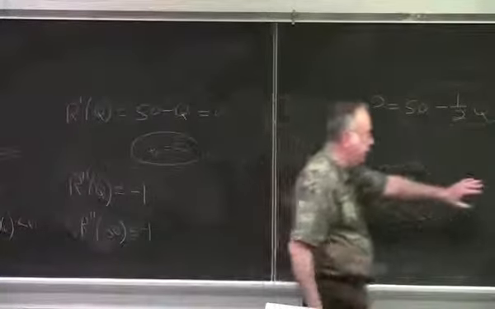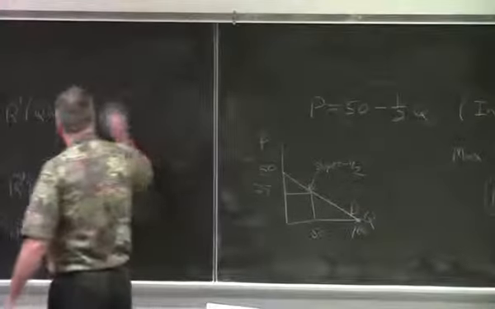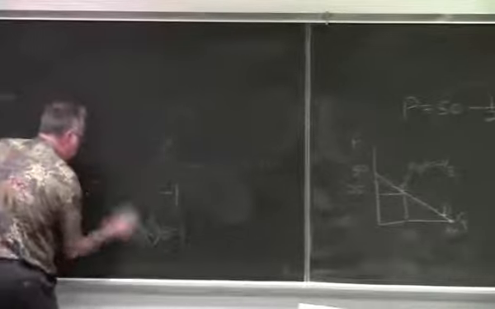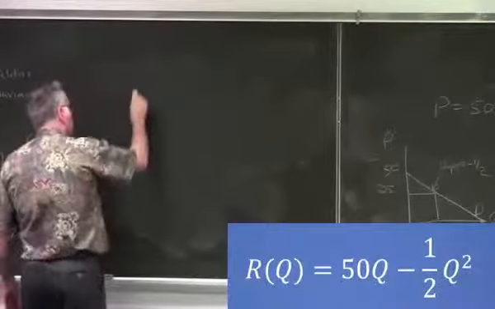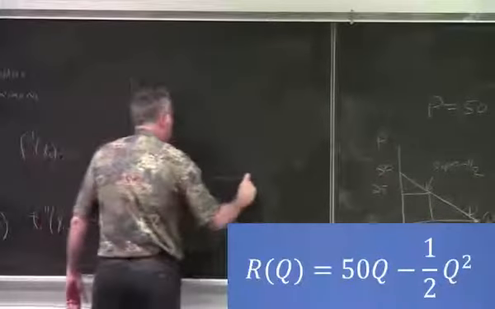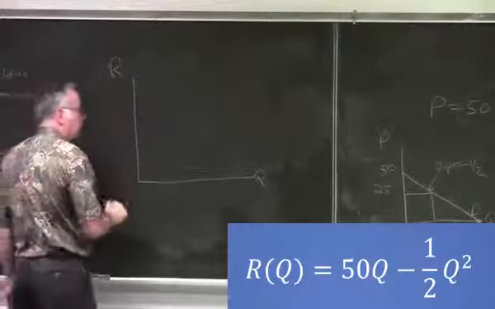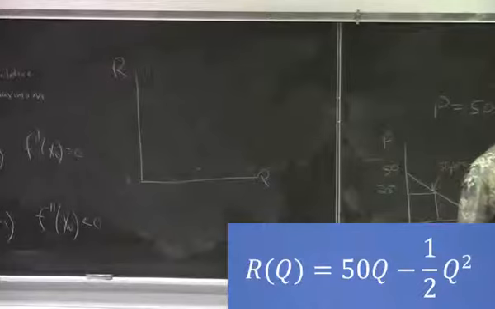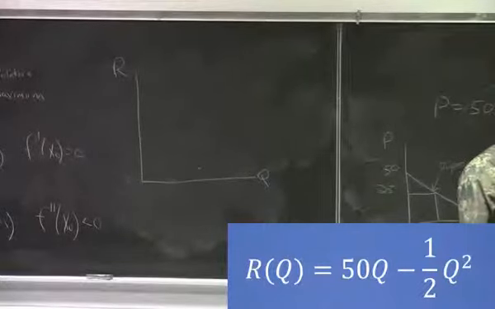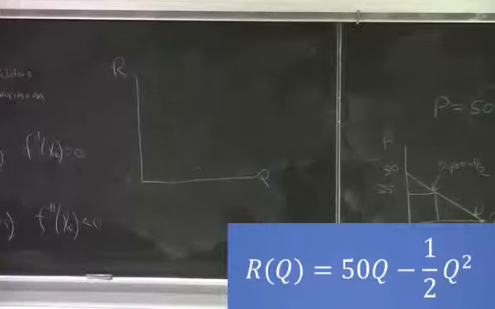Okay. And let's graph our revenue function. Here's our revenue function. Let's look at the graph of this, see what it looks like. We know this is a quadratic, so its graph is going to be a parabola, either U-shaped or upside down U. In this case, the coefficient on Q squared is negative, so what is it going to be?